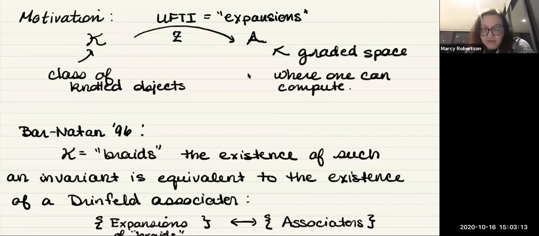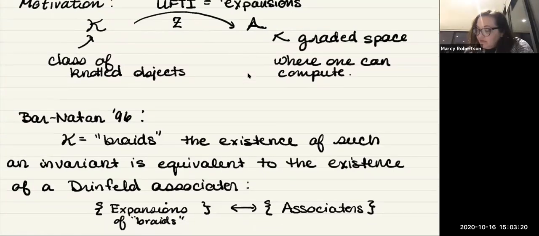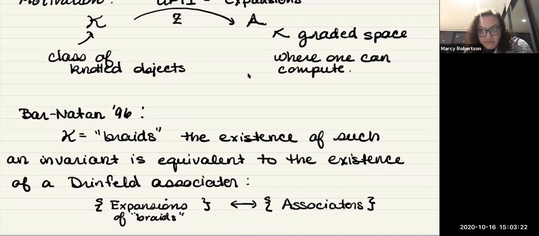This is something that naturally arises in quantization. In fact, Bar-Natan arrives at this correspondence that expansions of braids are in one-to-one correspondence with Drinfeld associators. The set of such expansions is equivalent to the set of Drinfeld associators.